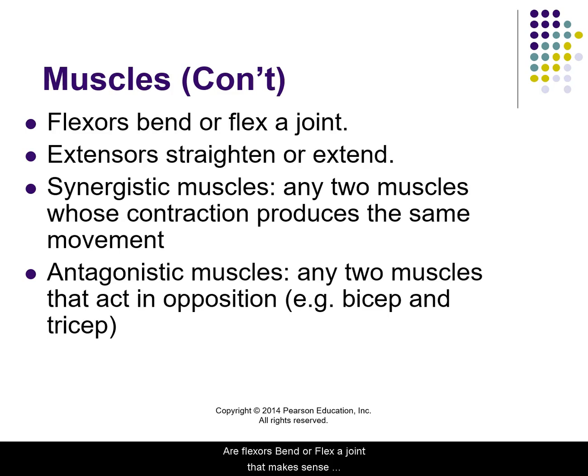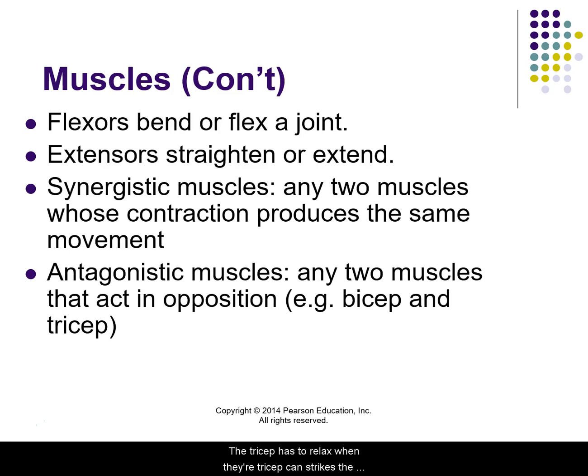Flexors bend or flex a joint, that makes sense, whereas extensors straighten or extend joints. Synergistic muscles are those muscles that act in parallel. They do the same thing. Antagonistic muscles are muscles that do opposite things. An example here would be the bicep and tricep. When the bicep contracts, the tricep has to relax.